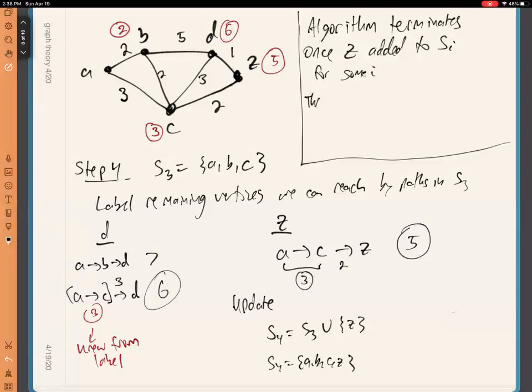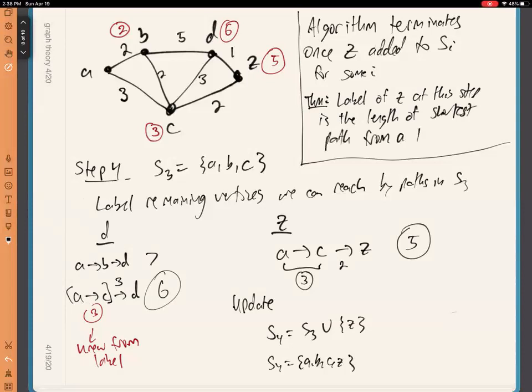And then the theorem that says this algorithm works is that the label of Z at this step, once Z is added to Si, is the length of the shortest path. And moreover, you don't just know the length of the shortest path. If you trace back what we did, you'll actually be able to use this algorithm to find the path, not just the length of it, but what the path was.